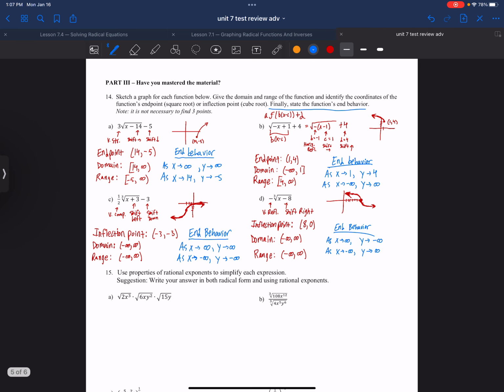I was talking to the calculus teacher the other day, and she was telling me that the students who are most successful on the AP Calculus exam, whether you're taking BC Calc or AB Calc, are the ones who can very quickly identify the key characteristics of a graph given an equation.